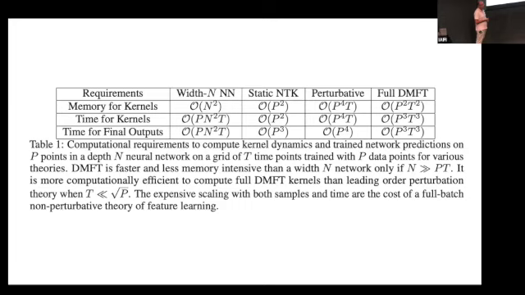I think we have time for one last question. At the beginning, one of your assumptions was that the weights are initialized with a normal distribution. How does this change if you use, say, the PyTorch default of a uniform distribution? A good one.